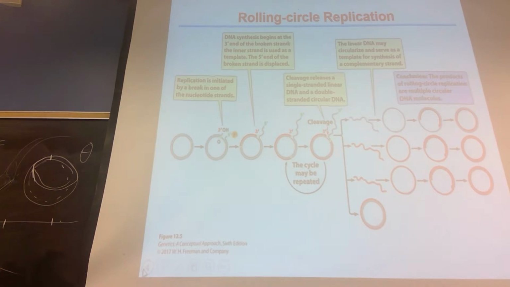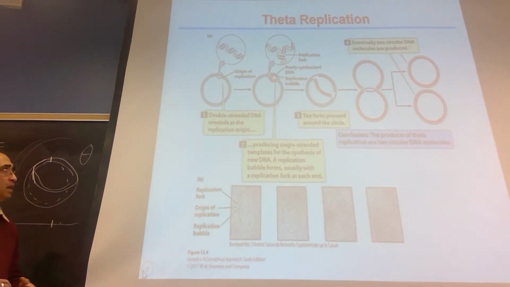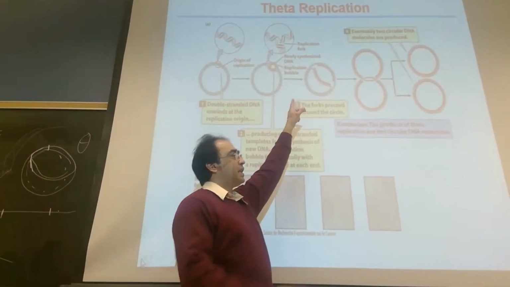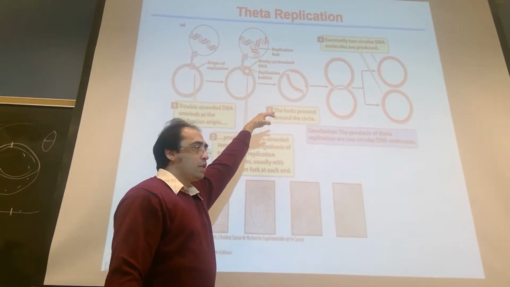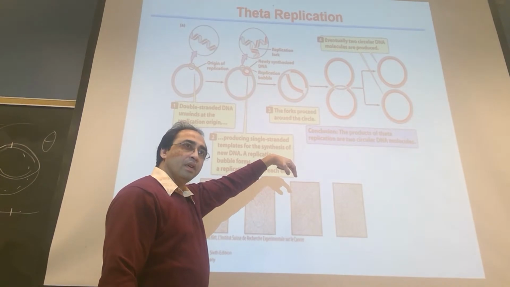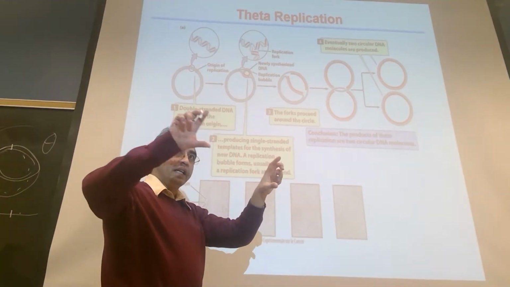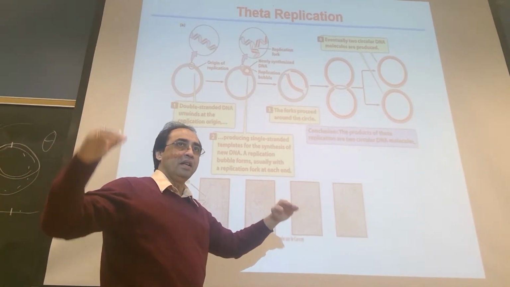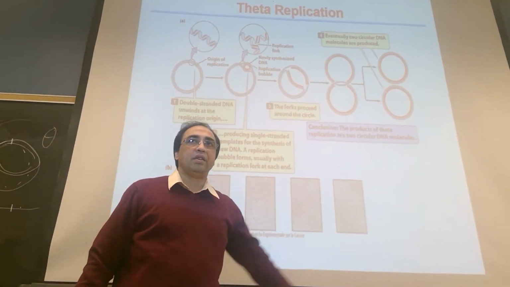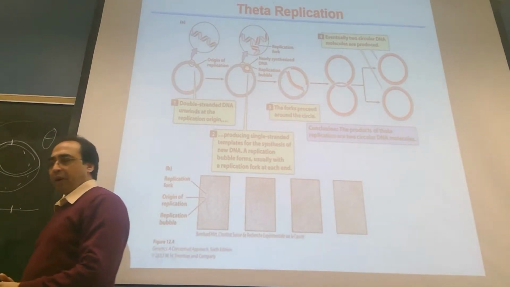And in case of the previous picture, here, the replication is taking place in both directions. That is, it is going up that way and it is going that way also. Okay, so the replication bubble is getting bigger, but the replication is taking place on both sides. So this type of replication is called bidirectional replication.